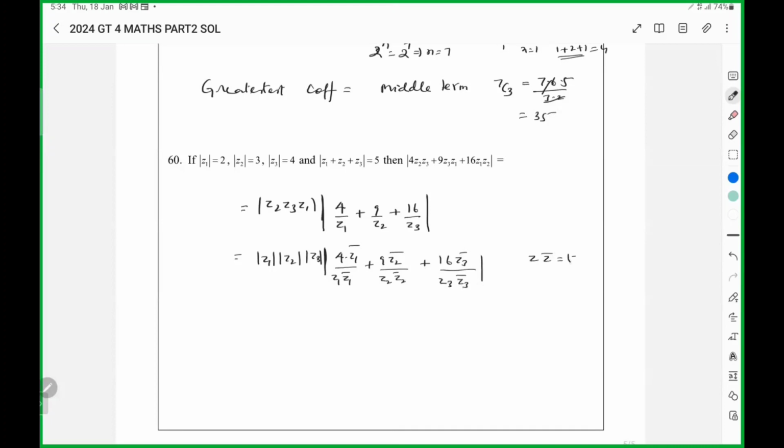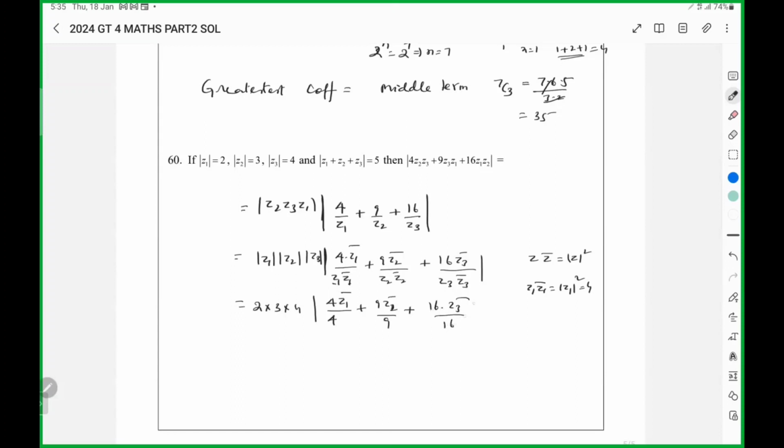Z Z bar is mod Z whole square. Z1 into Z1 bar is mod Z1 square, which is 4. Mod Z2 square, which is 9.